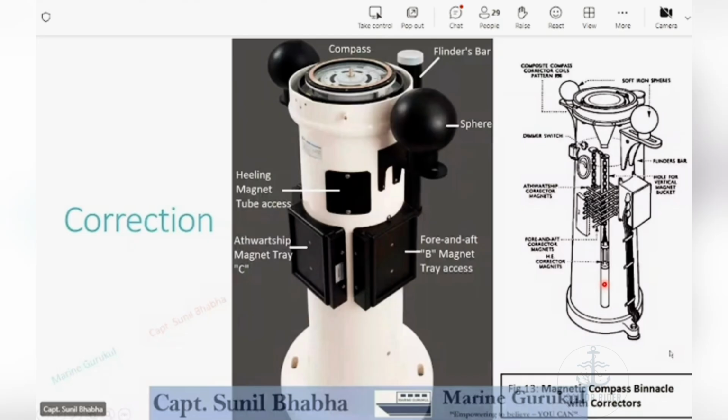When the ship heels, this does not swing around and is held in place by the tube. So in this you have the slots, and in the slots we have the heeling error corrector magnets. This is connected with this particular chain. The chain goes up to here, and we have the counterweight on the other side of the chain here. We have a pulley arrangement here on which this chain is wound.